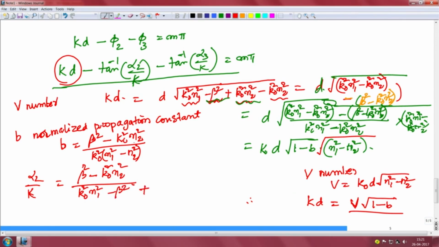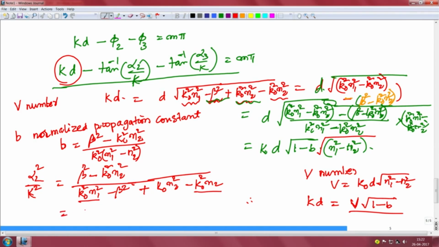We need to get to beta square minus k0 square n2 square in the numerator and k0 square n1 square minus n2 square in the denominator. So, we have got n1 square only, so we will add k0 square n2 square and subtract k0 square n2 square. Of course, this is equal to alpha 2 square by k square, not alpha 2 by k.